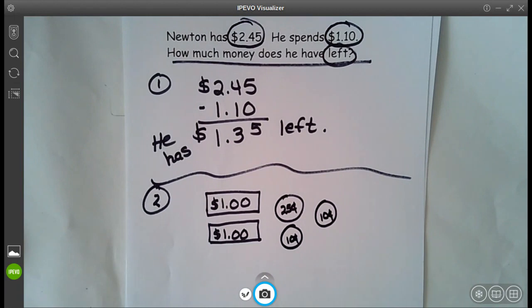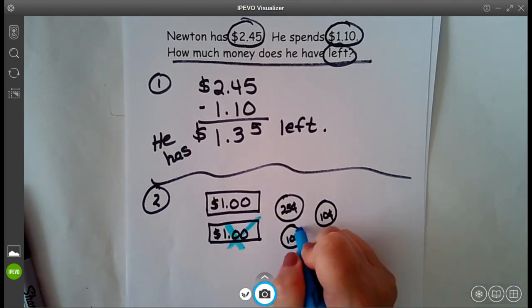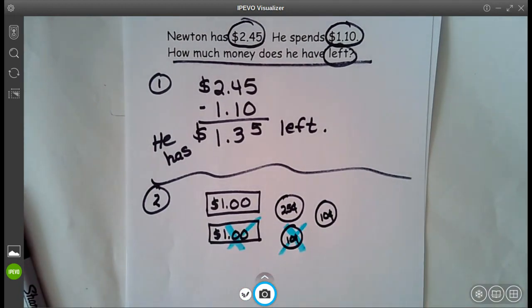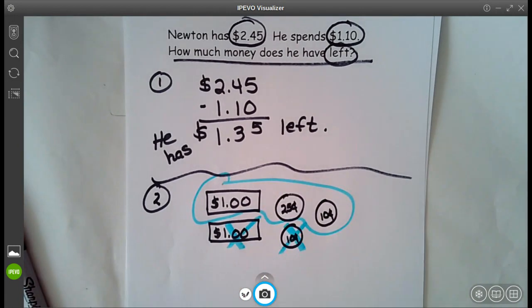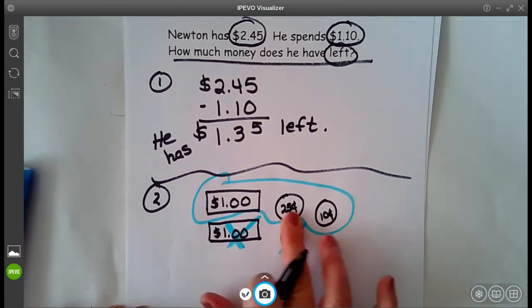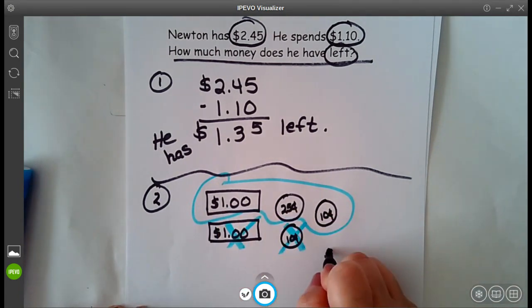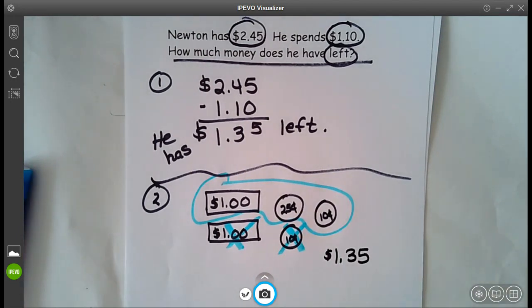Okay. So now we know that he spends $1.10, so we're just going to cross out $1.10. What we have left is the amount that Newton has left after he spent $1.10, which would be $1.35. There we go.